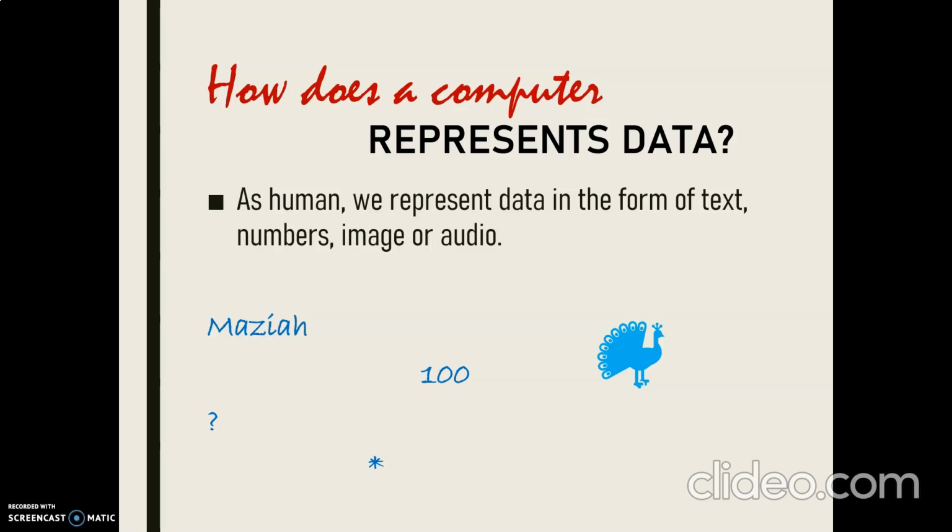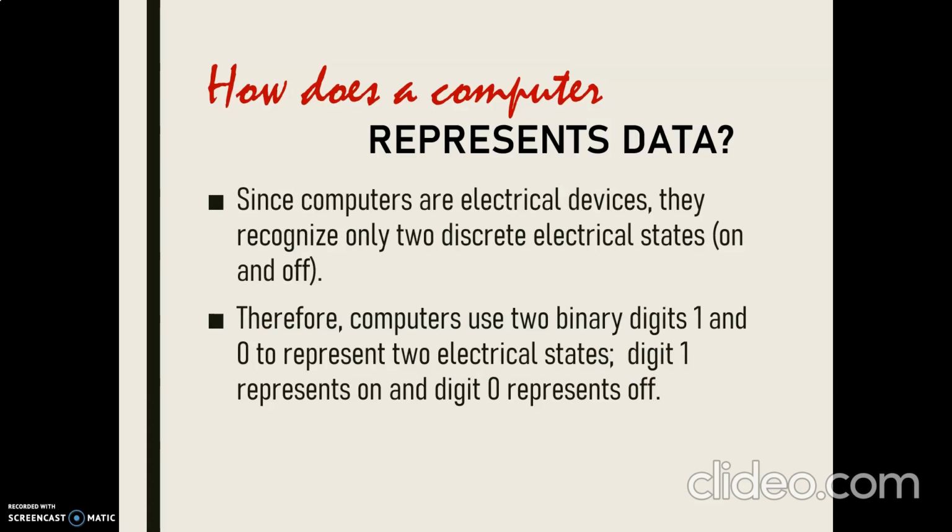For example, when I type M, how does M look inside the computer itself? We must know that the computer consists of many tiny devices called transistors. The computer is a digital device which runs on electricity.